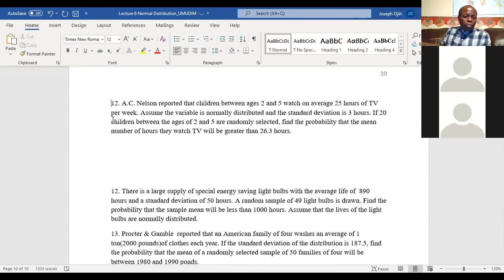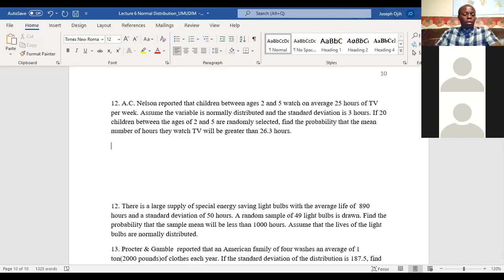Assume that the variable is normally distributed, and the standard deviation is 3 hours. If 20 children between the age 2 and 5 are randomly selected, find the probability that the mean number of hours they watch TV will be greater than 23 hours. So we're going to use this as an example.